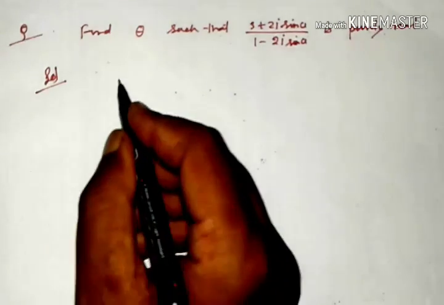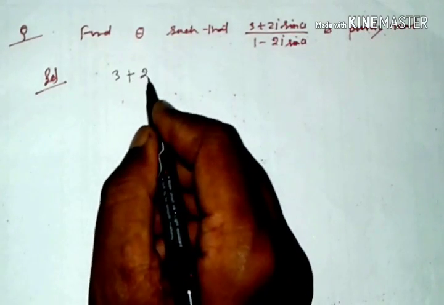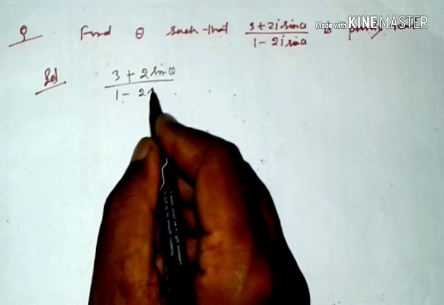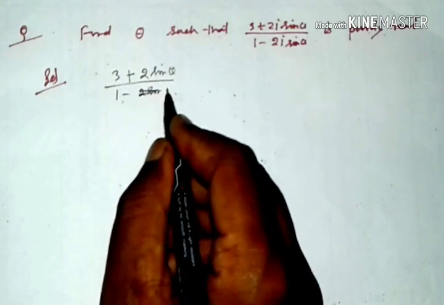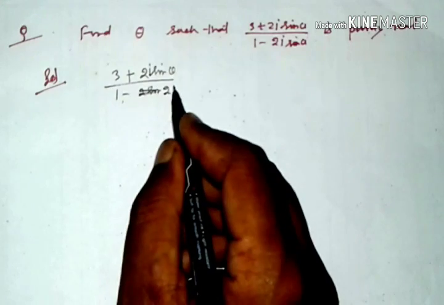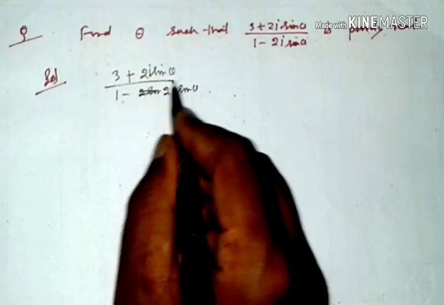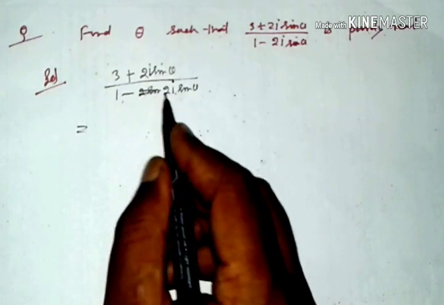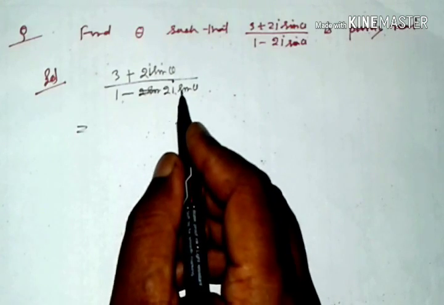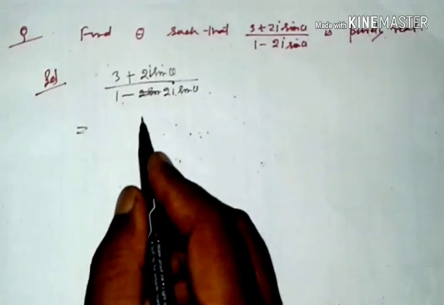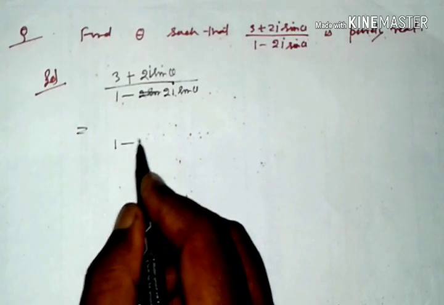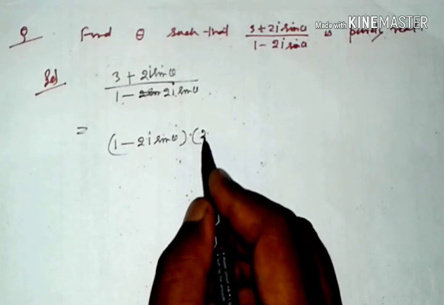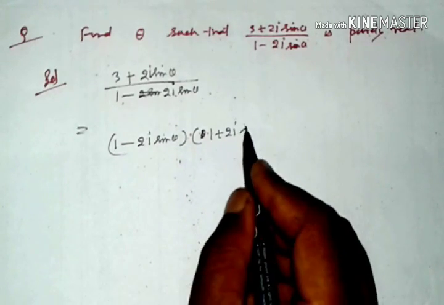That is 3 plus 2i sin theta over 1 minus 2i sin theta. We have to remove i from the denominator. The denominator is 1 minus 2i sin theta, and its conjugate is 1 plus 2i sin theta.